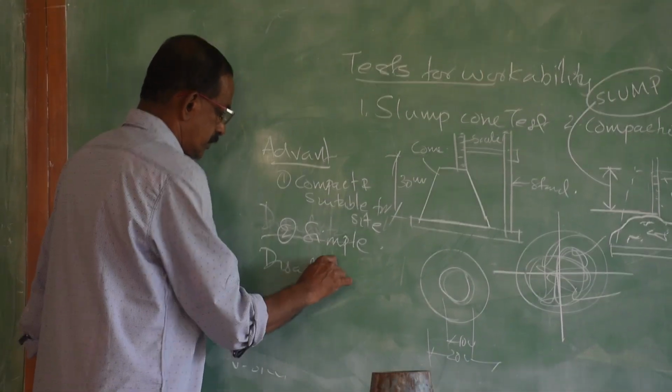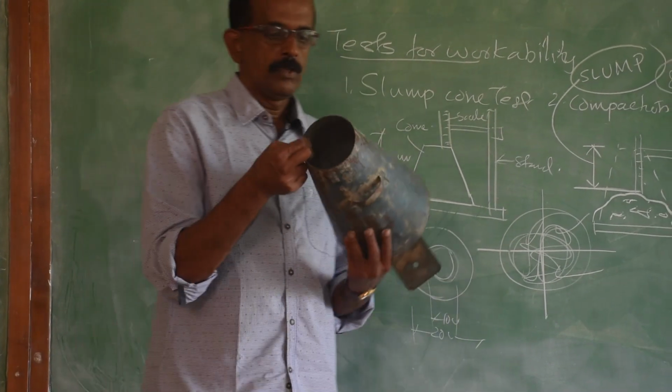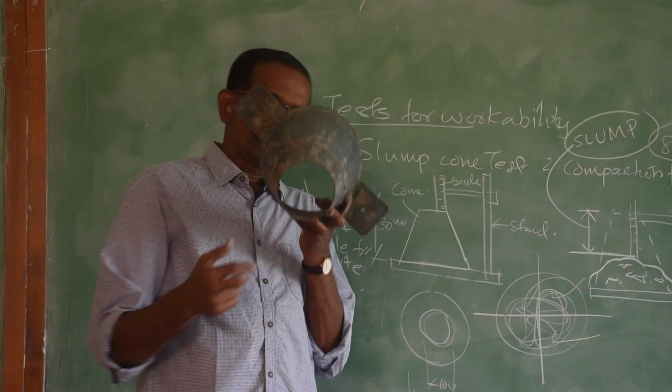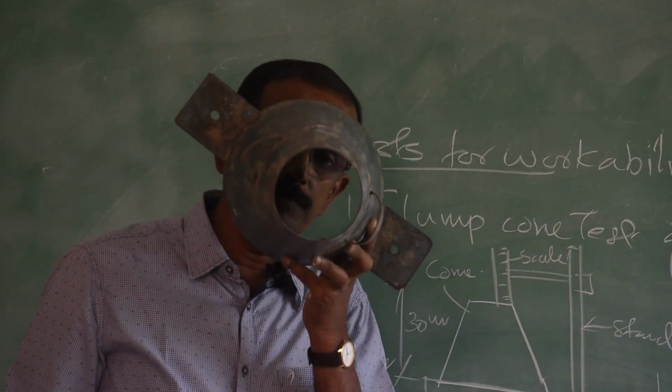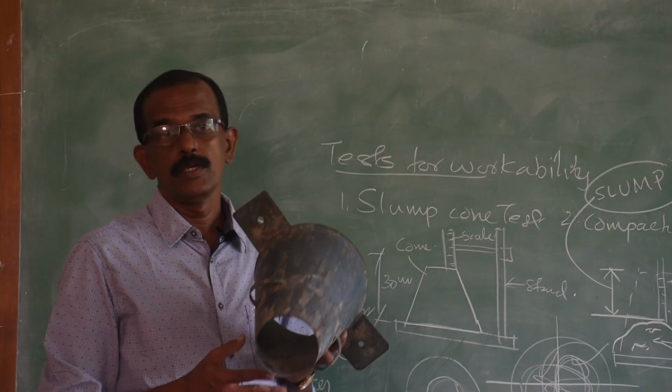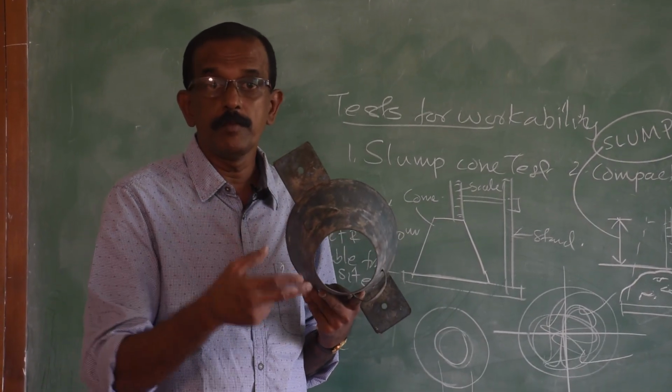Disadvantages. What is the diameter here? It is 10 centimeters. So, what is the disadvantage? What is the size of aggregate? Size of aggregate can be say 5 mm, 10 mm, or 100 mm.